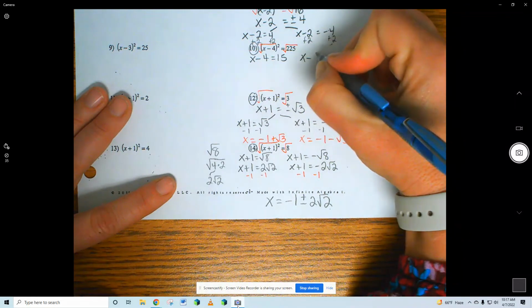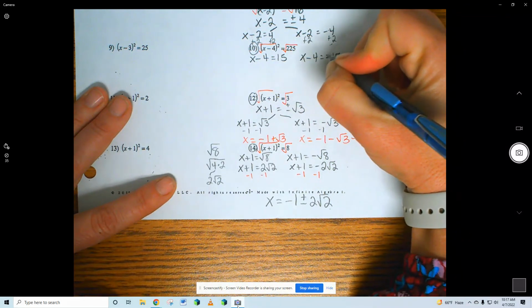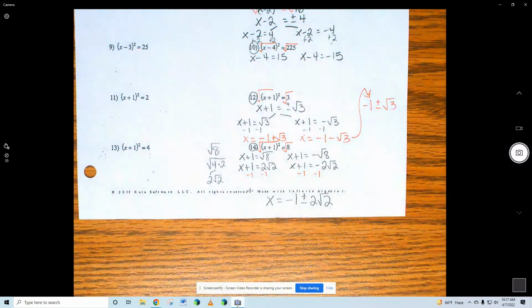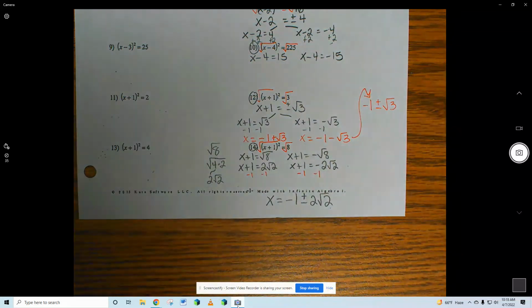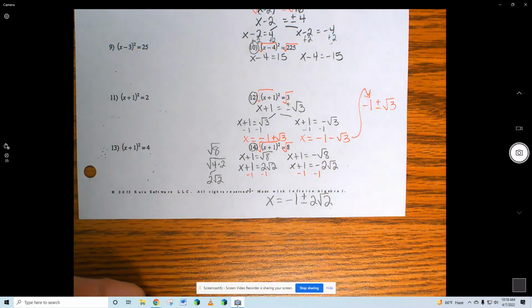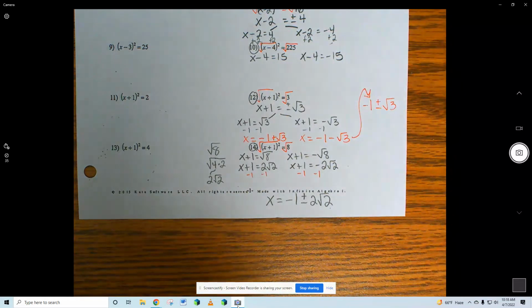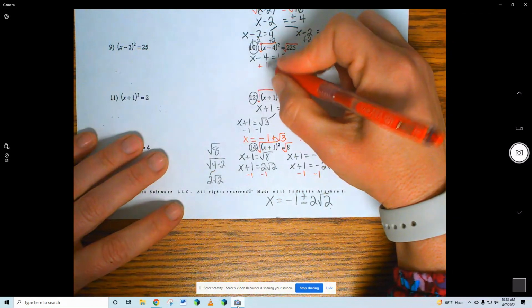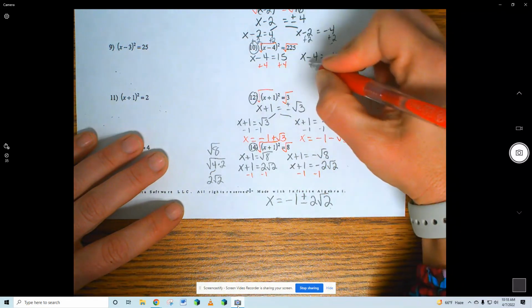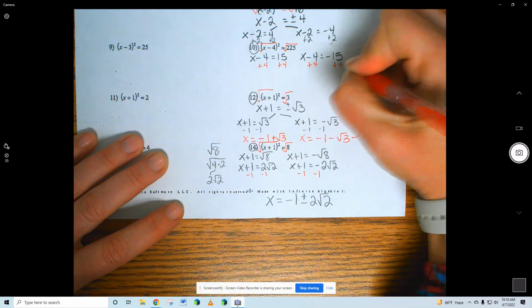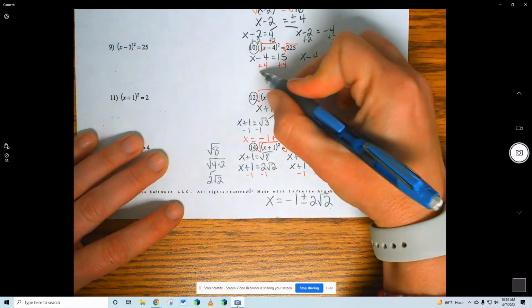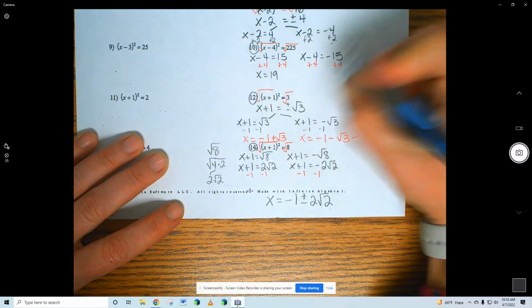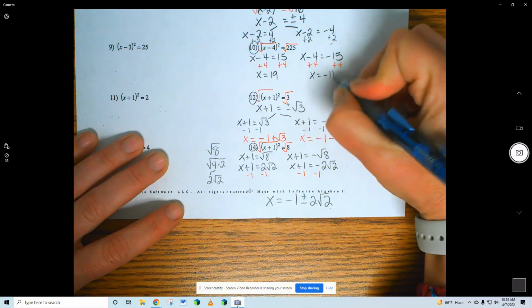X minus 4 equals negative 15, because 225 is a perfect square. Add 4 to both sides. X equals 19. X equals negative 11.